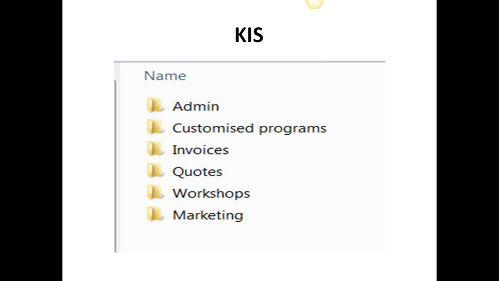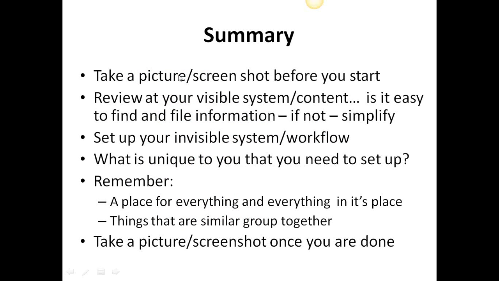Okay, so I've finished the questions that came through on the survey. Most of them were around interruptions. Let me take some of the questions now that are on the actual panel here. Okay, so the first question is, how do you know what to set up for the invisible system, the paper side? All right, so we've moved nicely onto the invisible system.